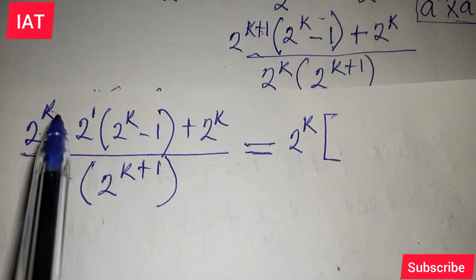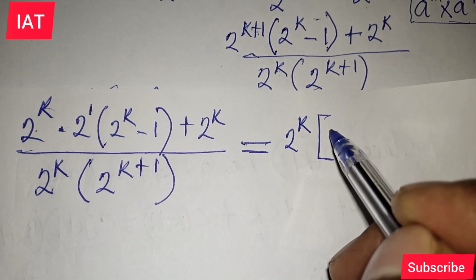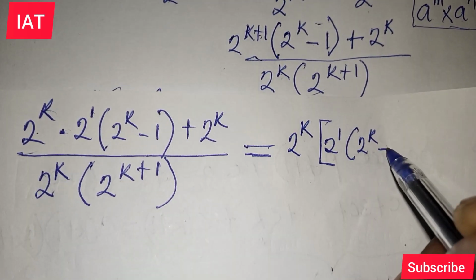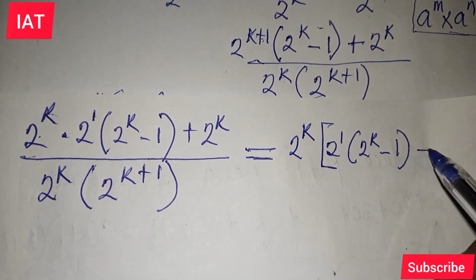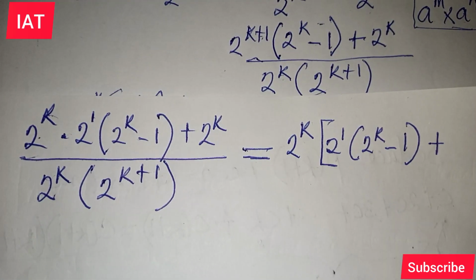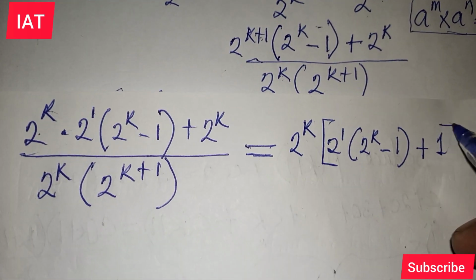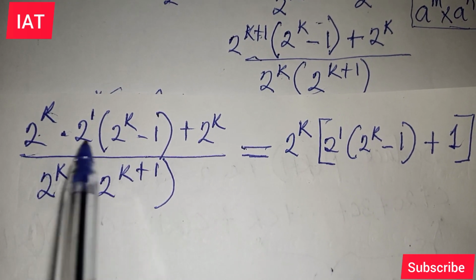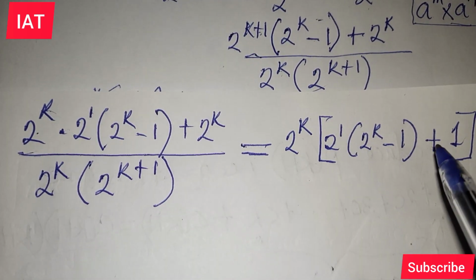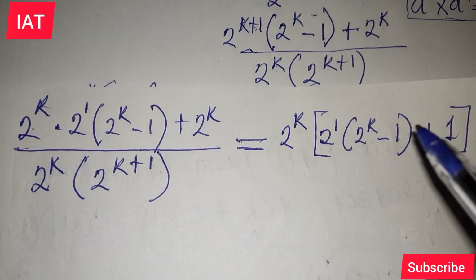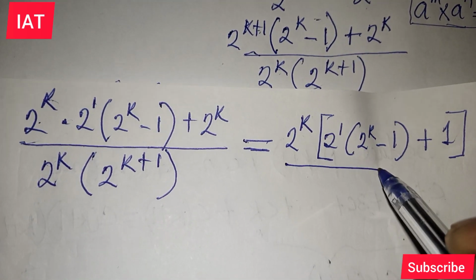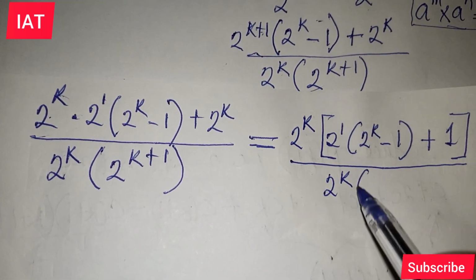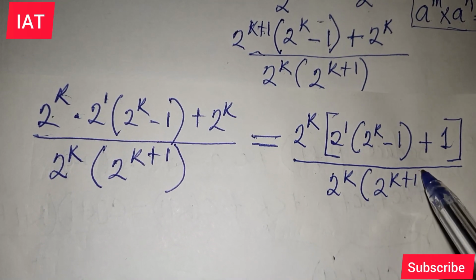So if you remove this 2 to the power of k, what will be remaining here is 2 to the power of 1 into 2 to the power of k minus 1 plus, if you remove this 2 to the power of k, what will be remaining here is 1, not 0, because this multiplies by this will give us back this whole thing, and this 2 to the power of k multiplies by 1 will still give us this. So at this point we can divide the whole of the expression by 2 to the power of k into 2 to the power of k plus 1.